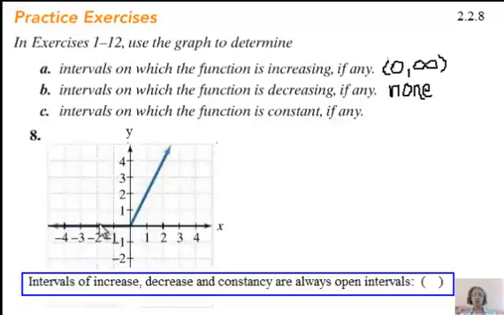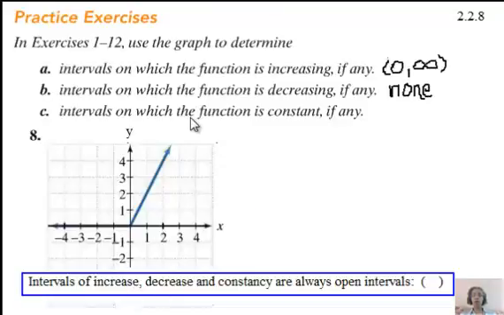In an interval of decrease, if you move directly to the right, you'll have to go down to return to the graph. We see there aren't any places on this function's graph where that happens. There are no downhill areas as we move from left to right.